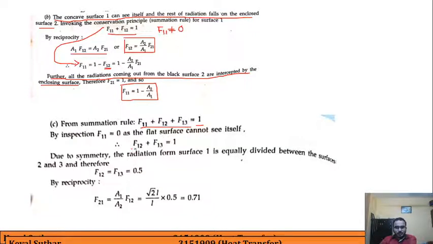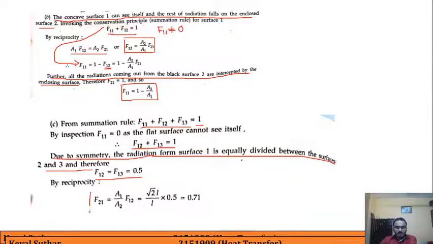Now F12 plus F13 is equal to 1. And due to symmetry, just like the equilateral triangle, the radiation from surface 1 is equally divided between surfaces 2 and 3 respectively. So F12 is equal to F13 equal to 0.5.